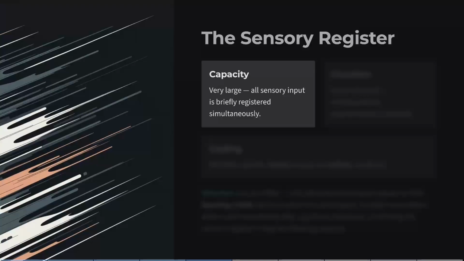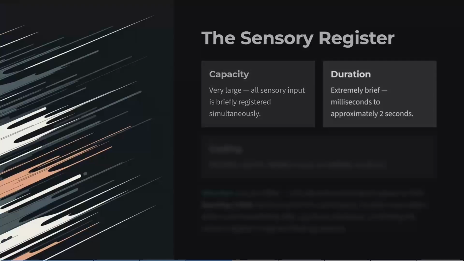Your sensory register is processing an enormous amount of data every single second. But in terms of duration, it's extremely brief. And we're talking milliseconds to approximately 2 seconds. This information does not hang around. If you don't pay attention to it, it's gone almost instantly.